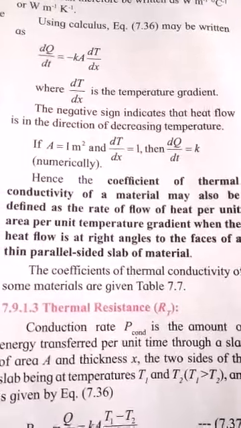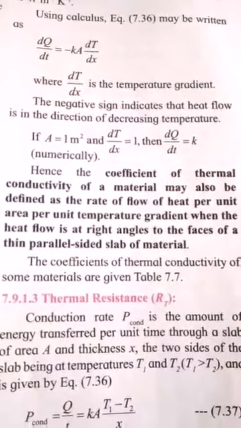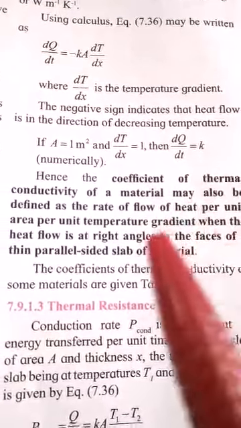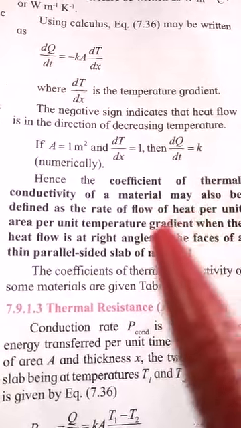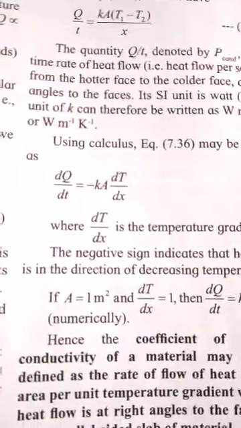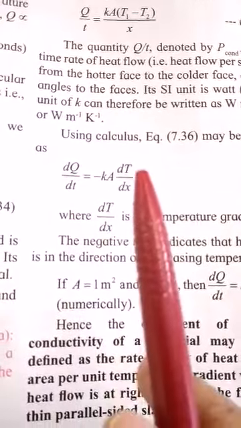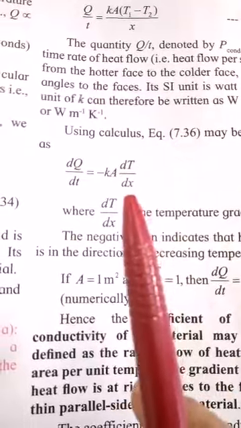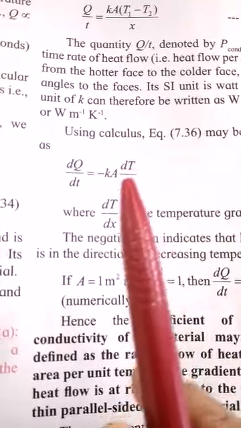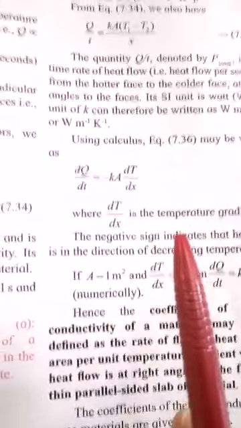In this week we learn thermal resistance. We found the formula for the coefficient of thermal conductivity last week: dQ/dt is equal to minus KA dT/dx. Here dT/dx means temperature gradient.